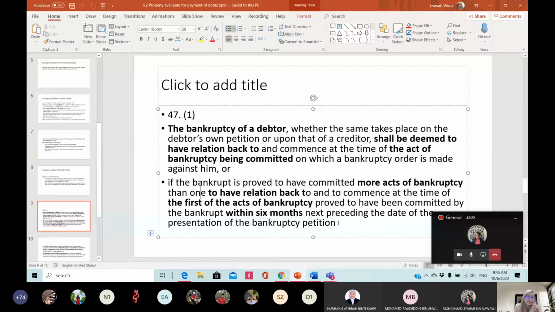Okay, so in such a situation, if for example 3 transfers have been made within 6 months before the presentation of the bankruptcy petition, the effect of the bankruptcy order will also relate back to those transfers or transactions. Okay, that is the doctrine of relation back. Its effect we will look at later.